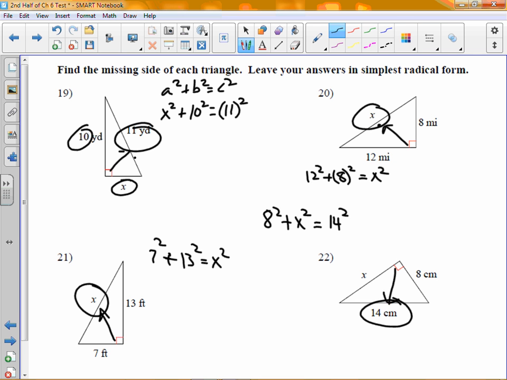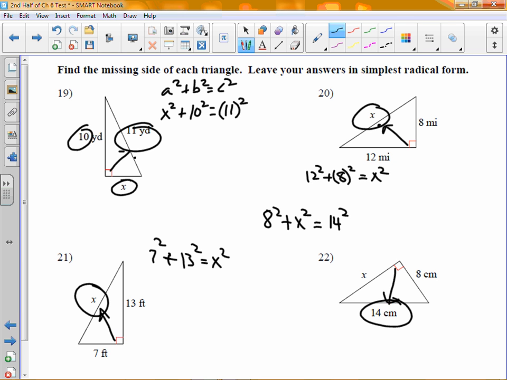A lot of you took the problem and you stopped and said, on the test, c squared equals 87. And then you stop. Don't stop right there. c squared equals 87, so c is the square root of 87.